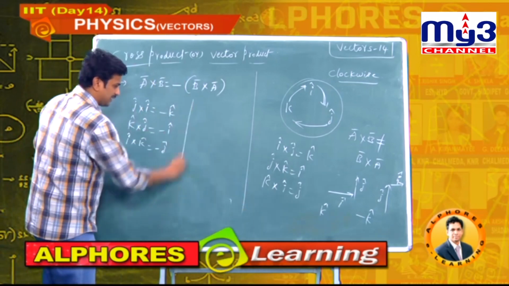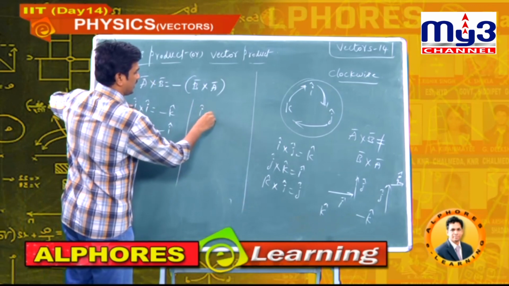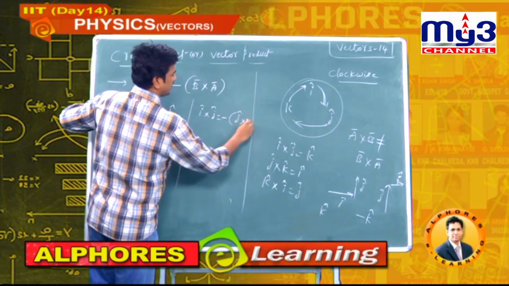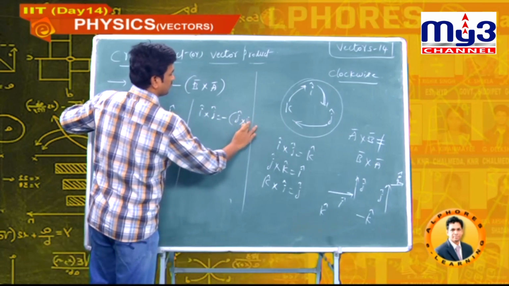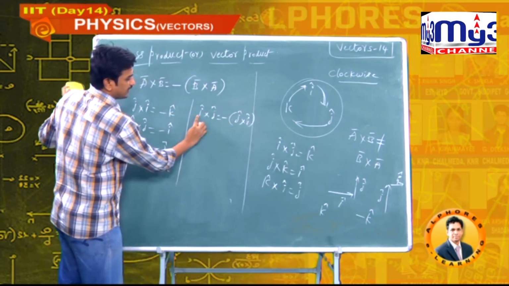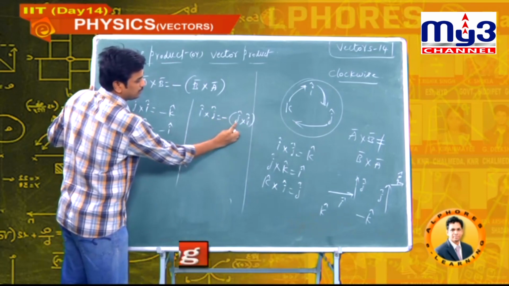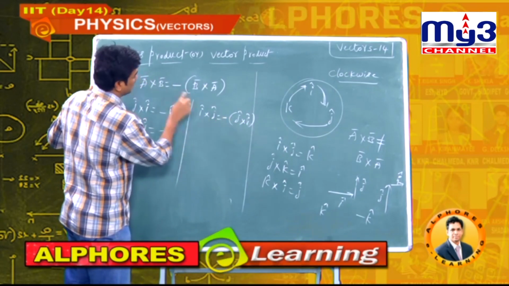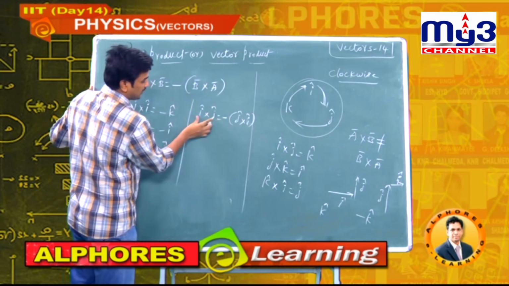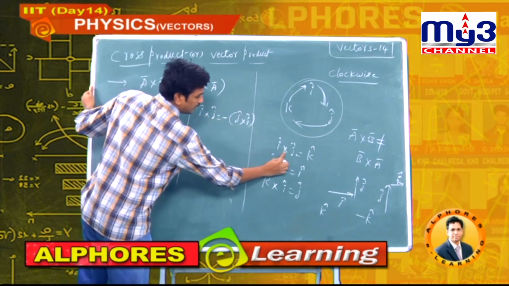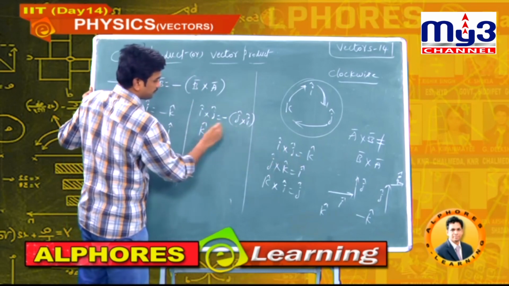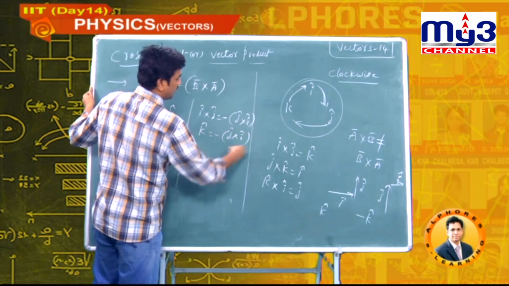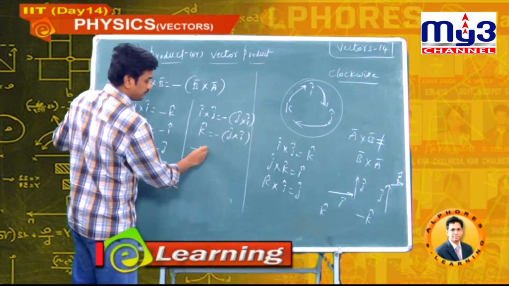Simple, nothing else I did. I cap cross j cap is equal to minus of j cross i. Reverse: a cross b is equal to minus b cross a. A is i cap, b is j cap. Both are negatively equal. I cross j is k cap, equal to minus of j cross i.